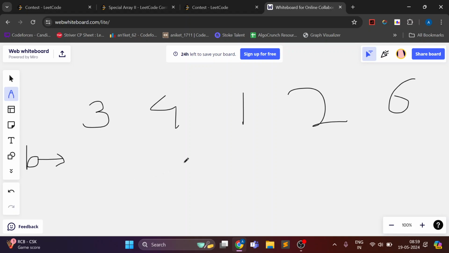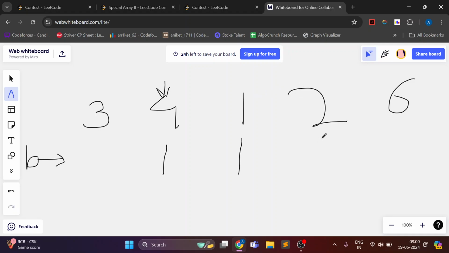Now what B represents is whether the parity of the current element and its previous element are unequal or not. So for 4, its previous element is 3 and the parity of both of them is not equal, that's why I will fill B with 0. Similarly, for 1, the parity of its previous element and 1 is not equal, so again 1.